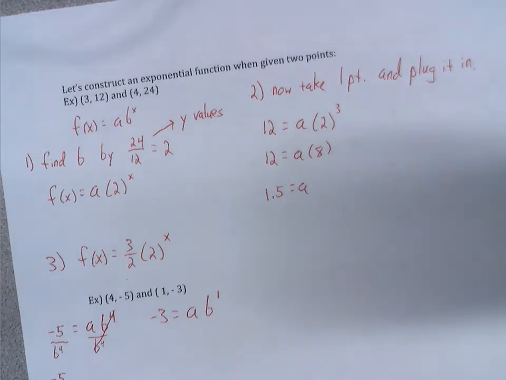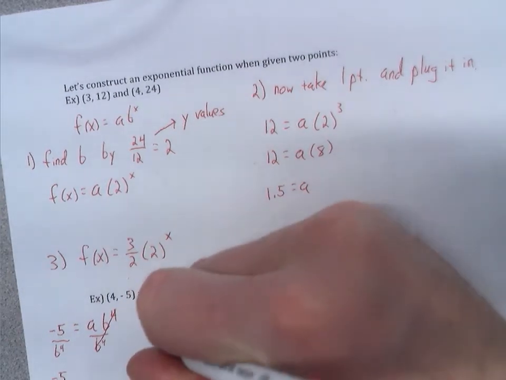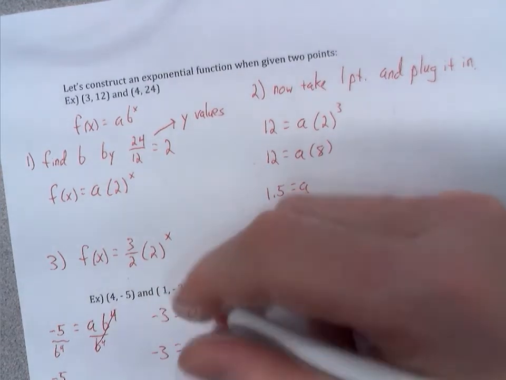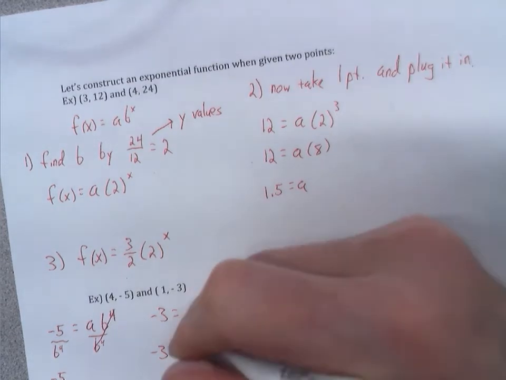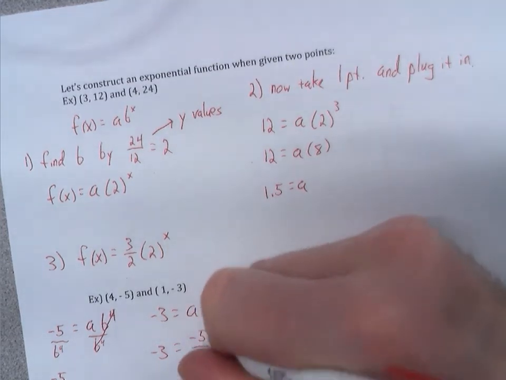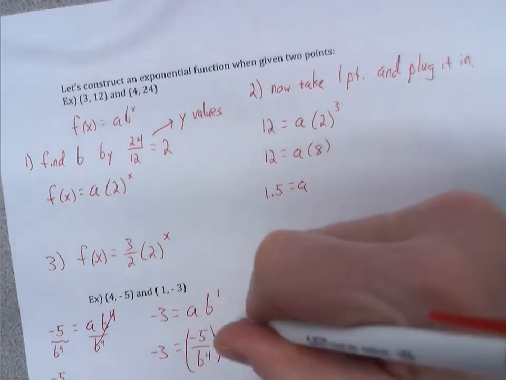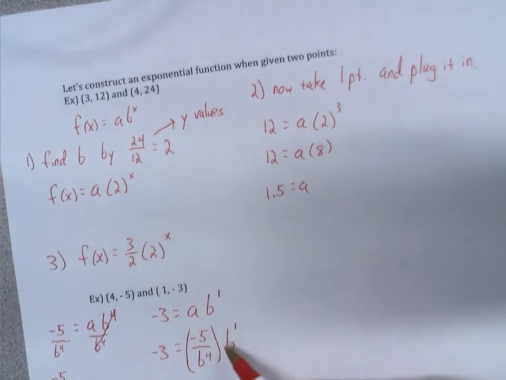I can now substitute that in to this equation, which means I will have -3 is equal to -5 over b to the 4th times b, or b to the 1st. Okay. What's going to happen here? We're going to get some reducing.